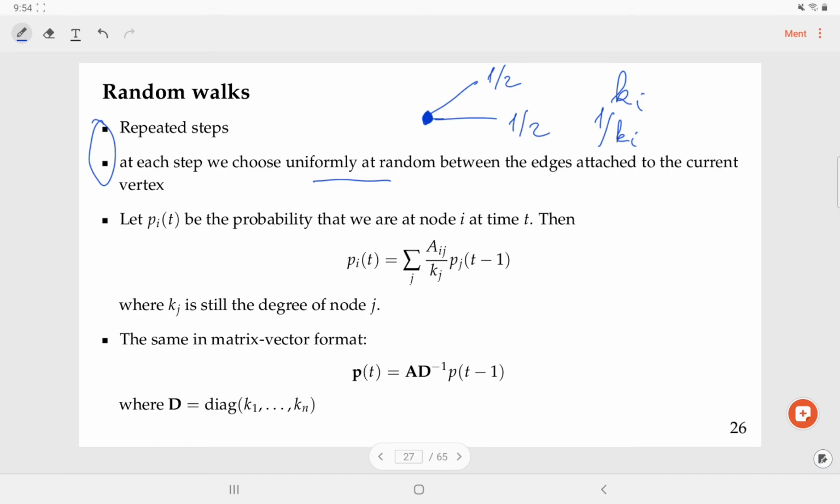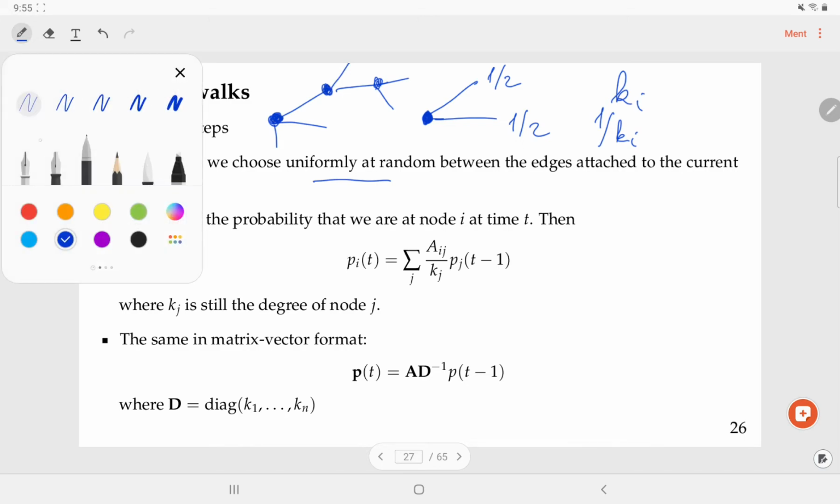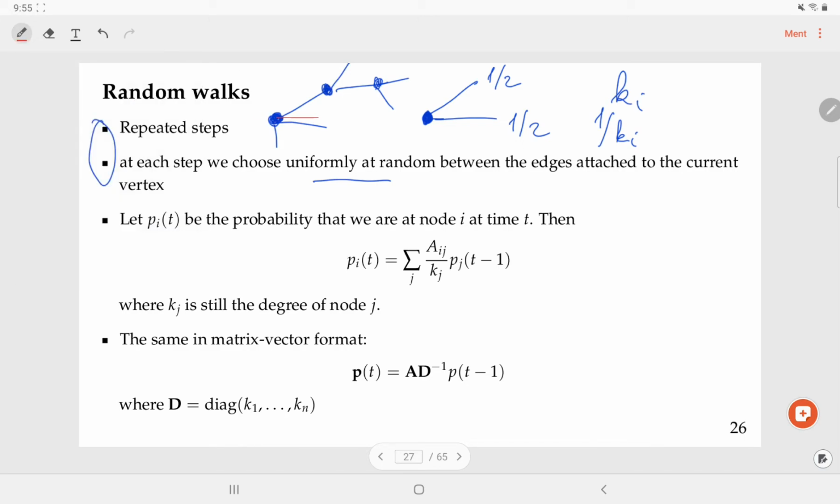Now, one more thing is that if we have, for example, this kind of thing, and let's say that there are other edges, so we start from this node, and then we move on from here. Let me switch to red. So we move from here to here.